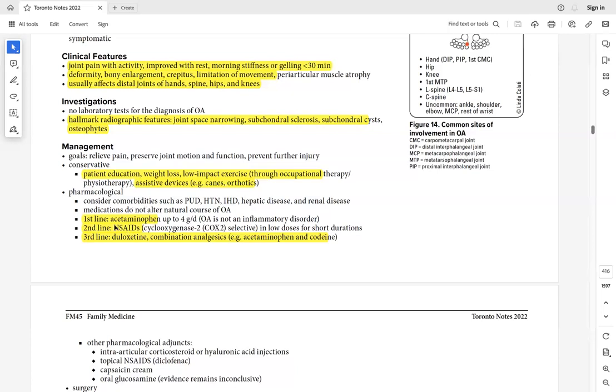We cannot give him NSAIDs, so we will skip NSAIDs and move to acetaminophen plus codeine. It is also known as tramadol, or whatever the option is. If they have given it in the MCQs, either duloxetine or this is present, we can choose any one of these. Or if it's a CDM question, then you can write any one.